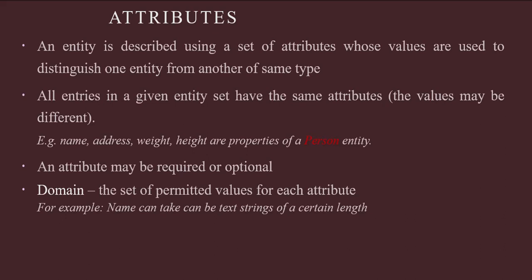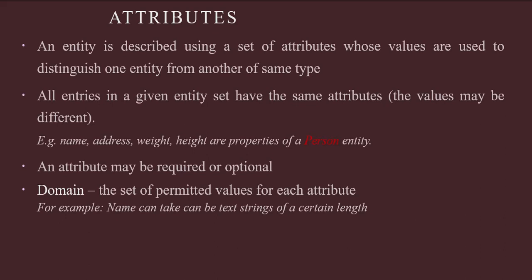Some of the values against particular attributes like section, department can be repeated, but there must be certain attributes whose values are unique for each entity instance. For example, name, address, weight, height are properties of the person entity.